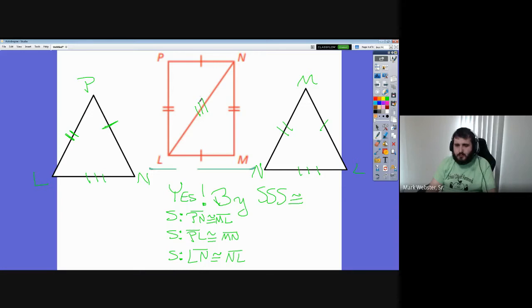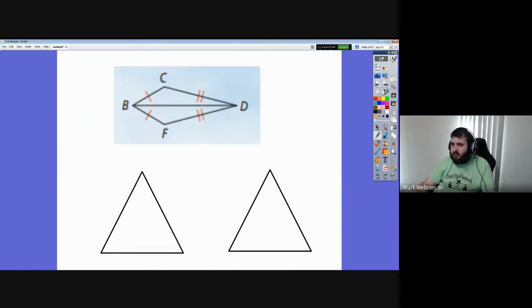So how do you know that PN is congruent to ML? Given. How do you know that PL is congruent to MN? Given. How do you know that LN is congruent to NL? They're a reflexive side pair. So how do I know that the two triangles are congruent? I've got side, side, side. Side, side, side congruence. All right. So don't think too hard about these. They're really, really easy. Just like this one is the exact same thing. Go ahead and give it a try. Make sure you can do it.